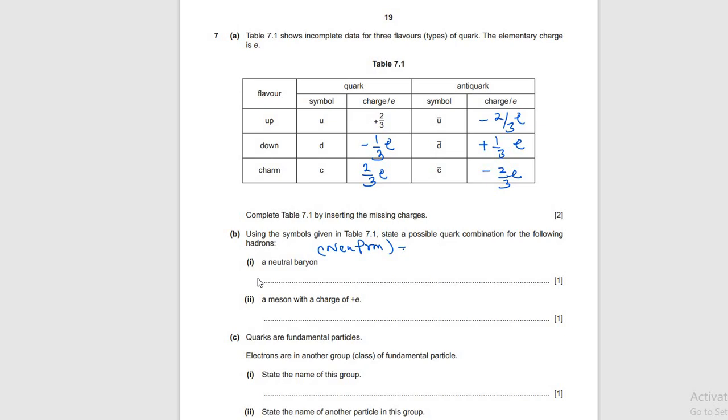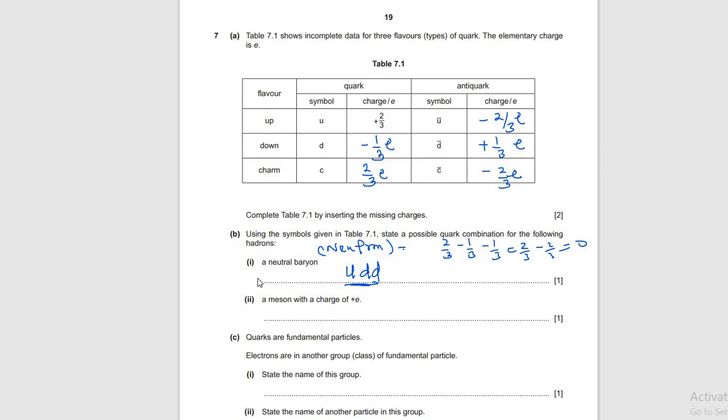No. Okay, the only way is to do up, down, down. Up is 2 over 3, down is minus 1 over 3, minus 1 over 3. That gives us 2 over 3 minus 2 over 3, which is 0. Up, down, down will give us a neutral baryon.